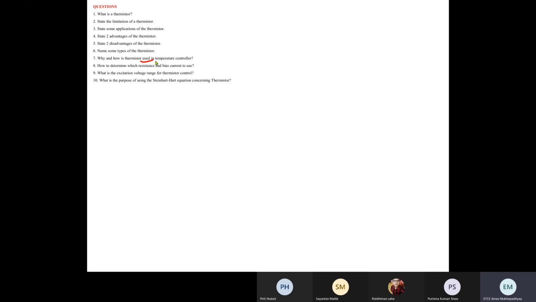That is, it shouldn't be extreme. You should consider the data sheet for it. What is the purpose of using the Steinhart equation for thermistors? It's basically that the equation is a model that helps in conversion of measured resistance into temperature. That's it for this experiment.